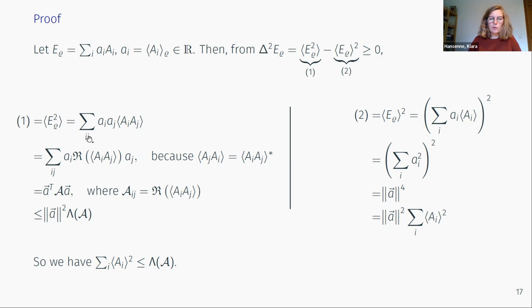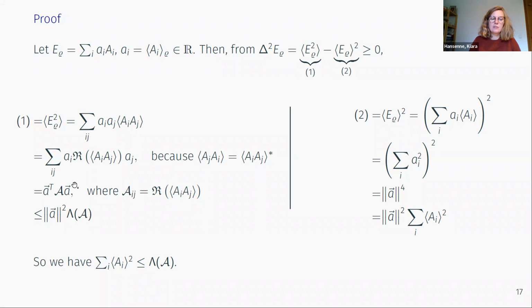Because if you sum over ij, the ji element is equal to the conjugate of the ij element. So since you sum over all ij's, all the imaginary parts cancel out, and you can restrict yourself to the real part of the expectation value of this product here.